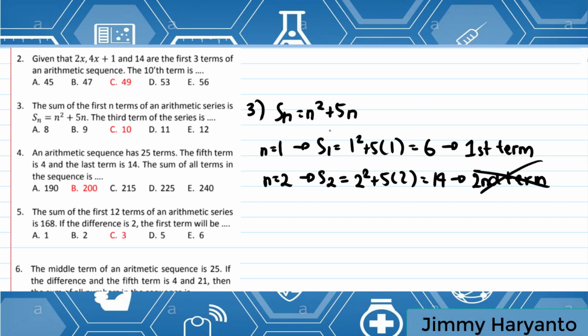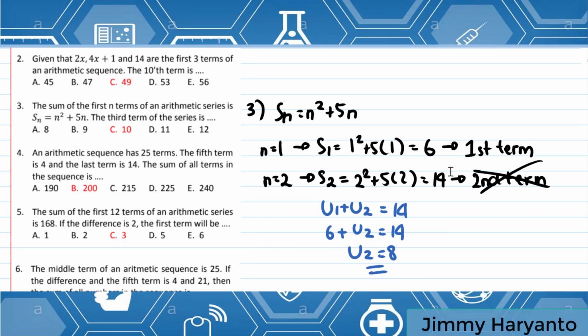What is the meaning of S2? S2 means U1 plus U2 equals 14, the sum of the first two terms. So the first term we already have 6. So we put 6 right there, and then we will have U2. U2 equals 8.